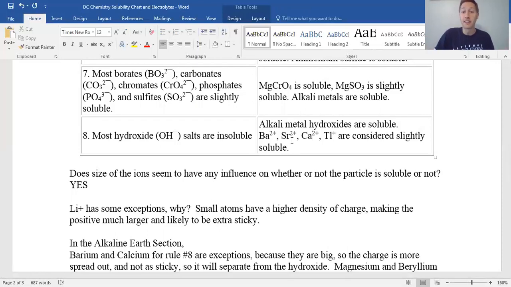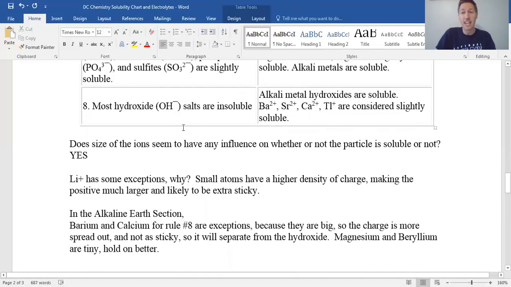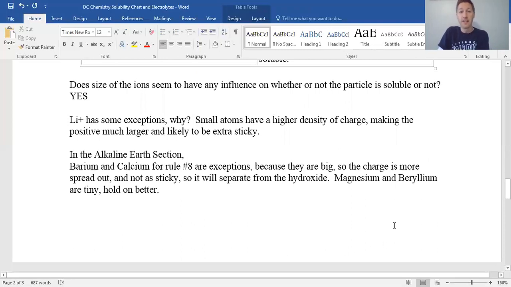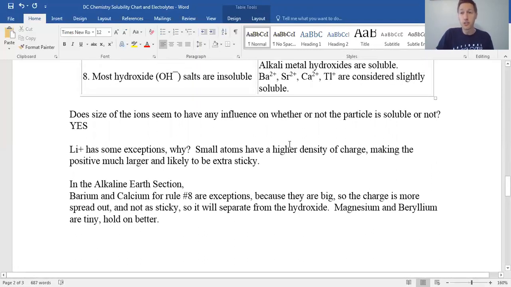But at the top of the chart, the alkaline earth metals, we have beryllium, magnesium. Those are tiny, which means their +2 charge is more concentrated, which makes it more attractive to the OH, and it won't let go. Magnesium and beryllium being tinier, their atomic radius is smaller, that positive charge is more compact, and it's going to be much more attractive. So again, these rules are basically just atomic trends and forces of attraction between positives and negatives.